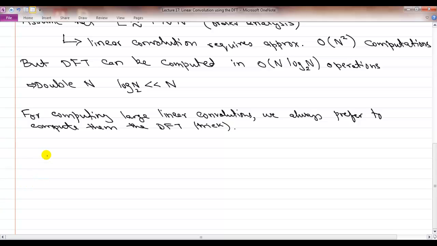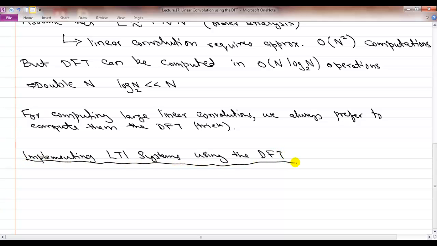So the next topic, which is the last topic of chapter 8 that we'll cover, is implementing LTI systems using the DFT. Since we know that we can compute linear convolution using DFT, for LTI systems, if you have h[n] as the impulse response, you have y[n] for input x[n].